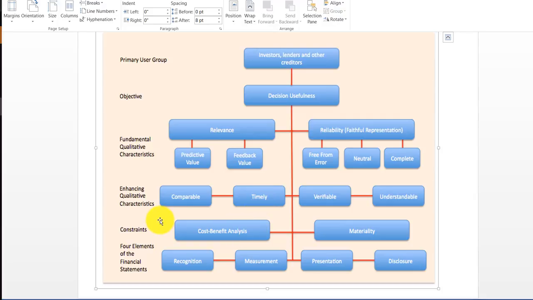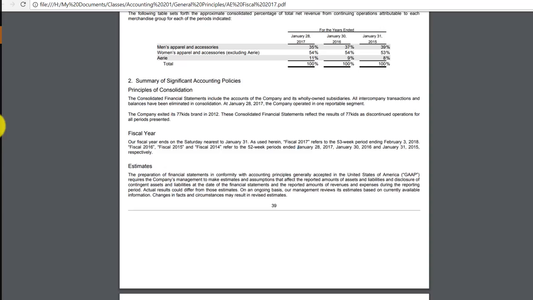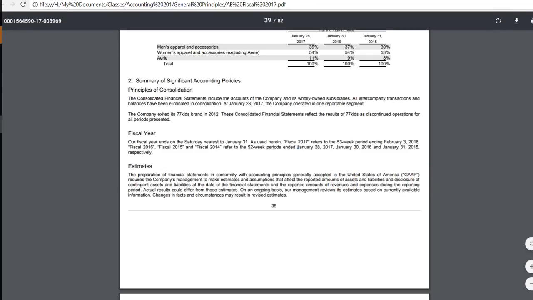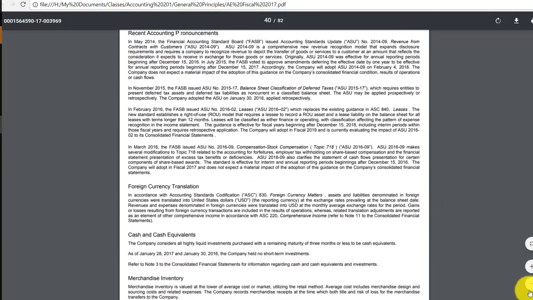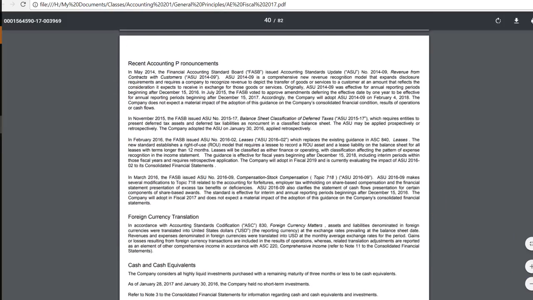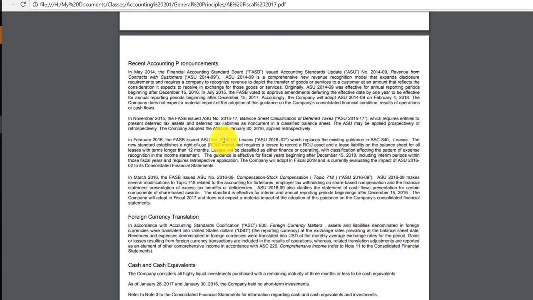All right, we keep moving down our footnotes, and there's a list of accounting pronouncements that are changing. That also is about making things comparable, because they're going to make some changes in how they do accounting, and they're being told they have to by GAAP changes.